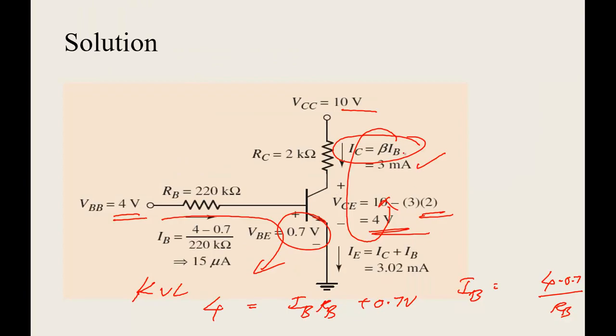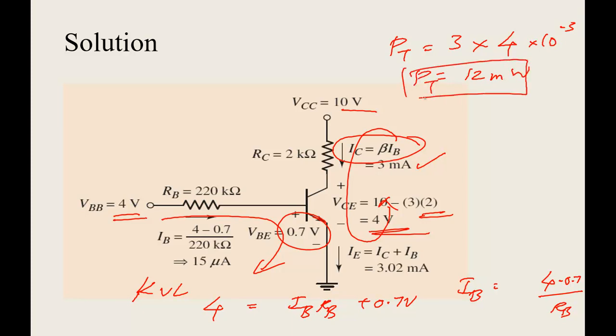With that we can say that our power PT is equal to 3 into 4 millivolts, where IC is 3 milliampere and VCE is 4 millivolts. This current is 3 milliampere, so it's 10 power minus 3, so it is almost equal to 12 milliwatt. That's your power dissipation.